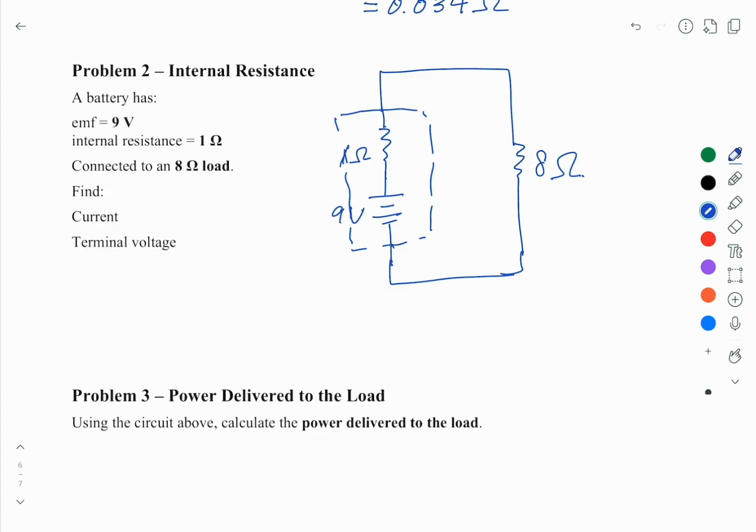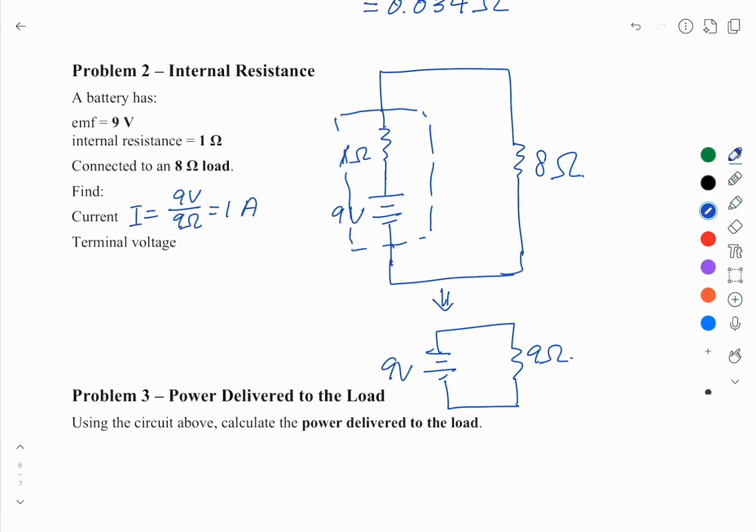So first reduce this circuit into a simple one, which is 9 volts and 9 ohm. So the current is 9 volts over 9 ohm, which is 1 ampere.